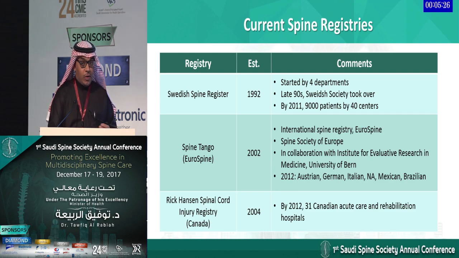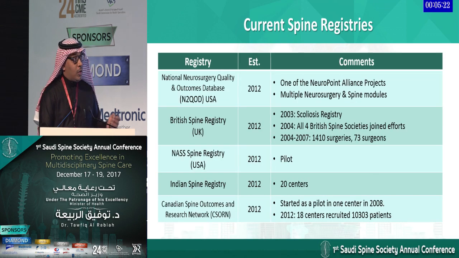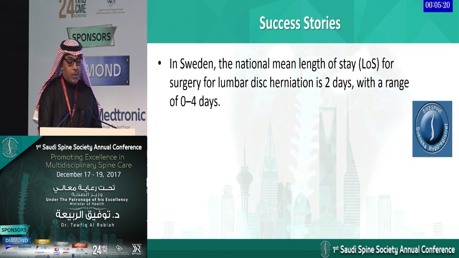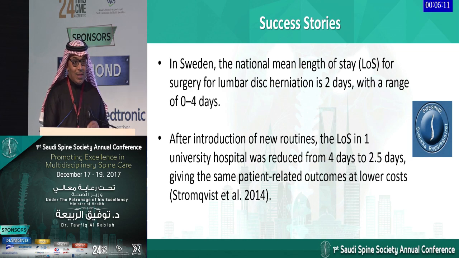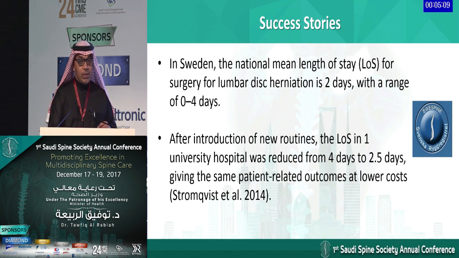Swedish was one of the first spine registries to be established, then the Eurospine, and then other countries followed their pathways. There are a couple of interesting findings with the stories of registries. The majority of them had an impact at the national level, where they have decreased bed utilization. They have lowered the cost.